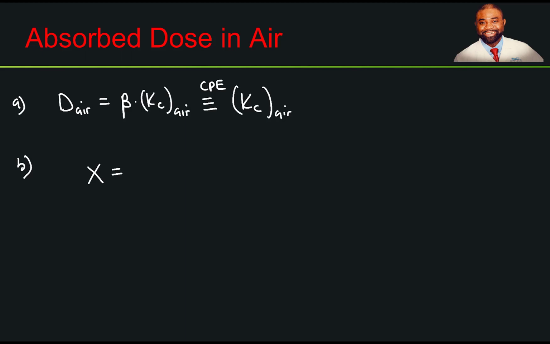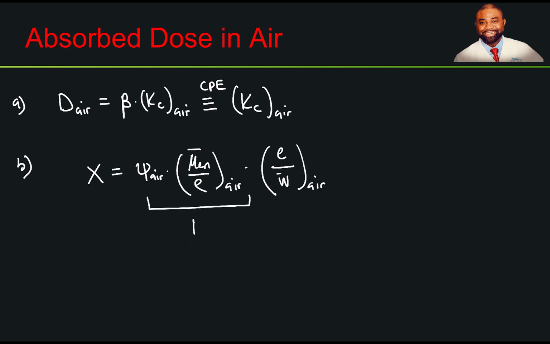So this is equal to the energy fluence in air multiplied by the average mass absorption coefficient in air multiplied by E divided by W in air. This is the collision KERMA in air, which is equal to the dose in air.